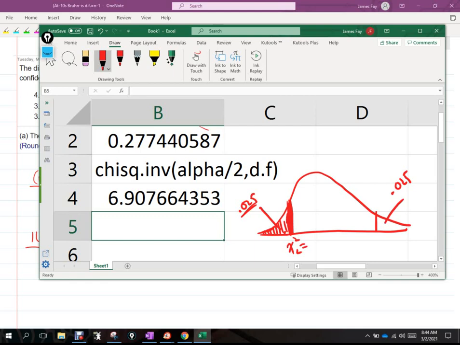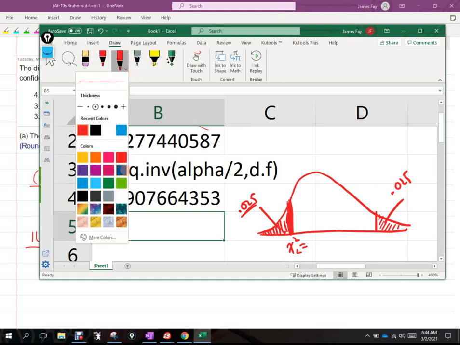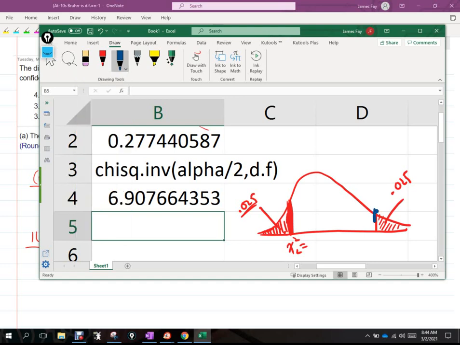Okay. Now, I need to find this. So I know that that area is 0.025 on the right-hand side. I also need to find that chi-squared value right there. Okay. Now, you can do it two ways.